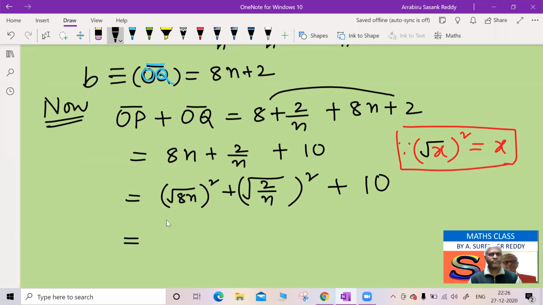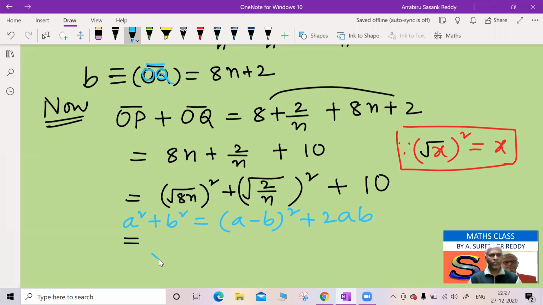Now we know a squared plus b squared can be written as (a minus b) whole squared plus 2ab. Using this equality, I want to express this in the form of (a minus b) whole squared plus 2ab.